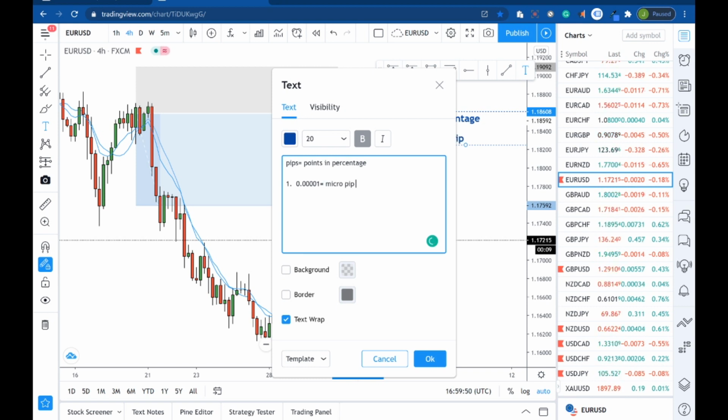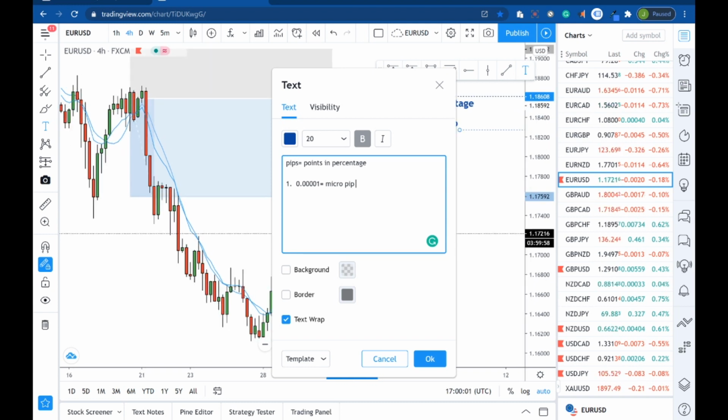You may have a different broker that's only going to cover the next 4 digits. It doesn't really matter. I never really talk about the micro pip that much, because not everybody includes it, and it's not something that I personally focus on. And if I'm not focusing on it, everybody else doesn't need to focus on these things as well. So there we have the micro pip.